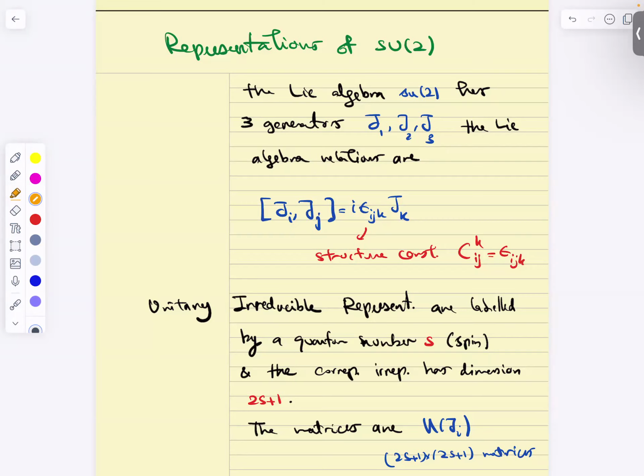This is the origin of spinors in physics, right? The mismatch between SU2 and SO3. Does anyone know how they're related? Actually, can anyone say it right away? Double cover. Yeah, so SU2 is twice as much.